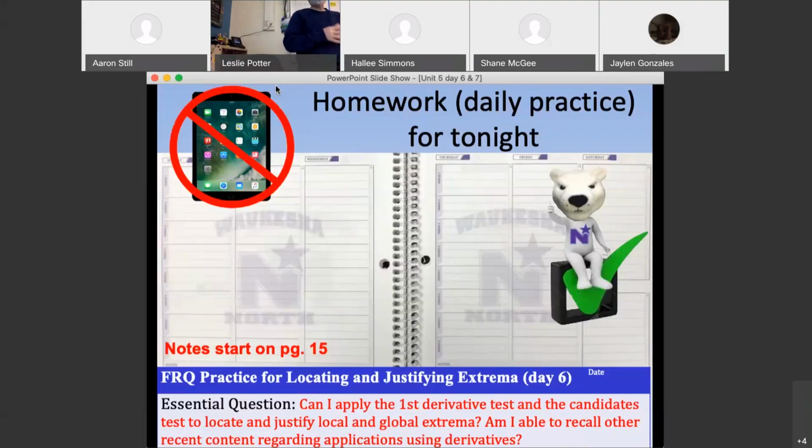It's actually 2 questions. So can I apply the first derivative test? Remember that the first derivative test says find your critical points. And where are critical points? Hills and valleys. That tells me in calculus that the derivative is 0. And not just hills and valleys, but cusps and corners, where the derivative is undefined.